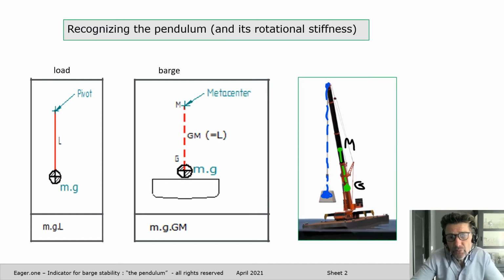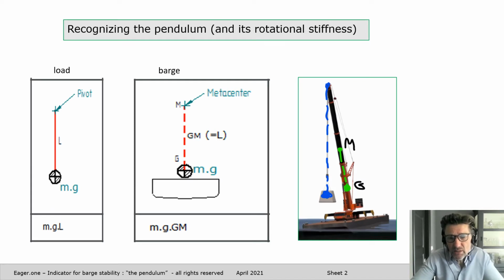Determining the stability of a crane on a barge or a vessel or a pontoon or anything that floats is all about determining the elasticity or the stiffness of the complete system. And now the recognition of this stiffness is the major point.